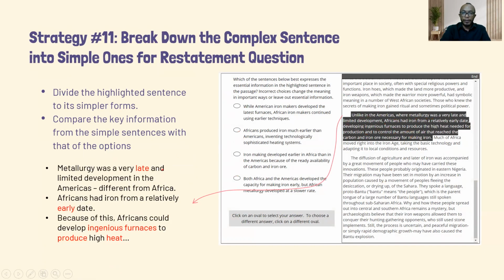And here, if you read it carefully, you can identify the best sentence to restate the same main idea from the highlighted sentence.